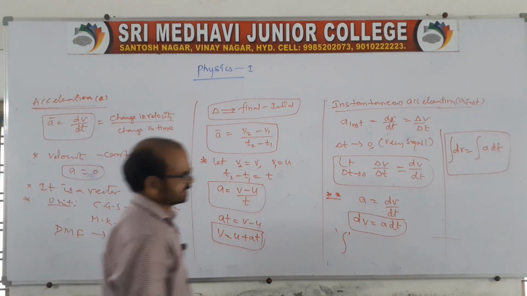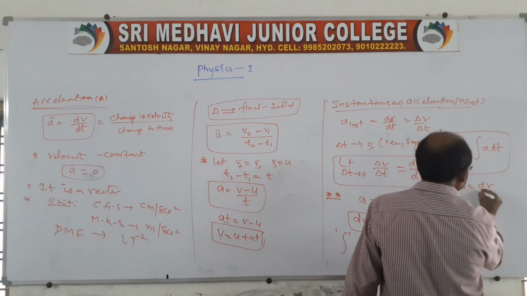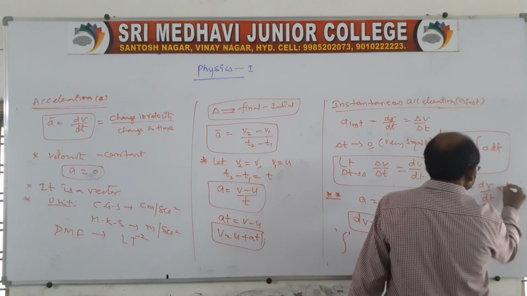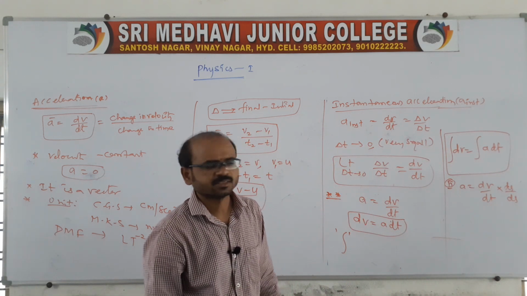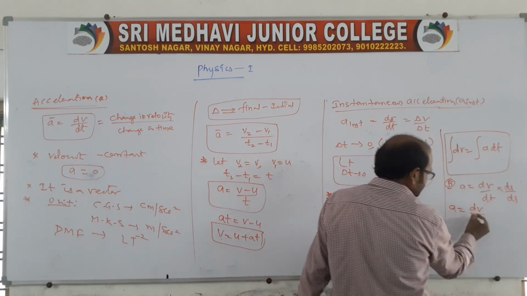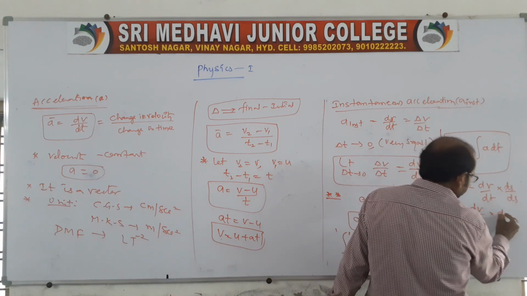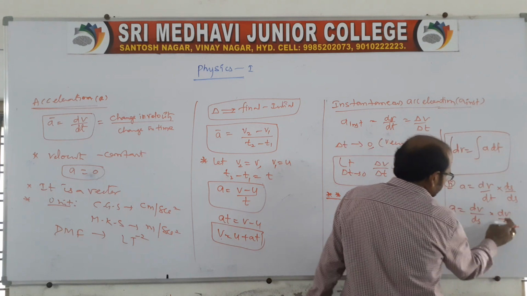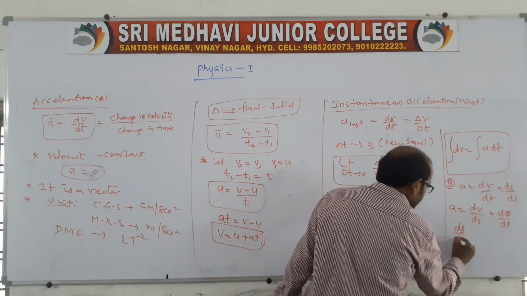Suppose you want the second point in this case: a is equal to dv by dt, no? Then you multiply by ds by ds. Therefore a is equal to dv by dt times ds by ds. Suppose you change the places, ds take here and dt take this side. So here it is ds by dt, no? ds by dt is nothing but the velocity.